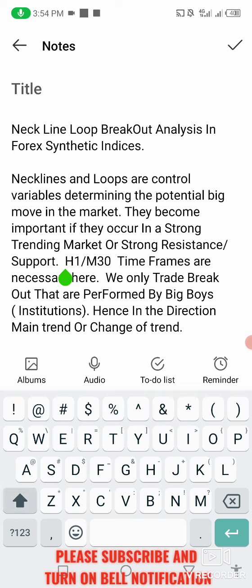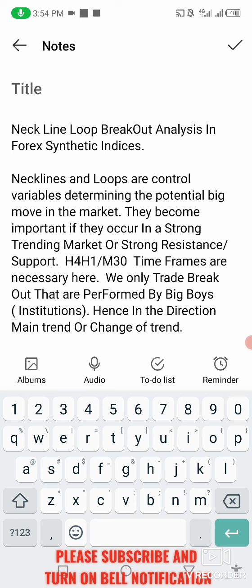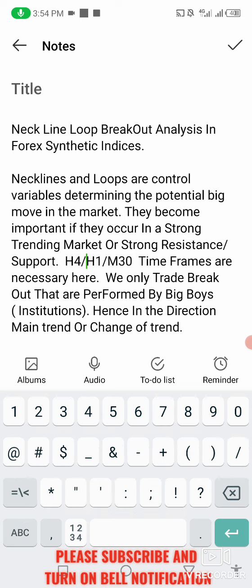So we can use H4 so that the signal will be more accurate. But when H4 is breaking out, it means that the H1 and M30 time frames are accurate already. With an H4 breakout of a neckline, you don't need to worry about the H1 and M30 breakout. All you need is to wait for some retracement in the M30 or H1, and then you enter that market.